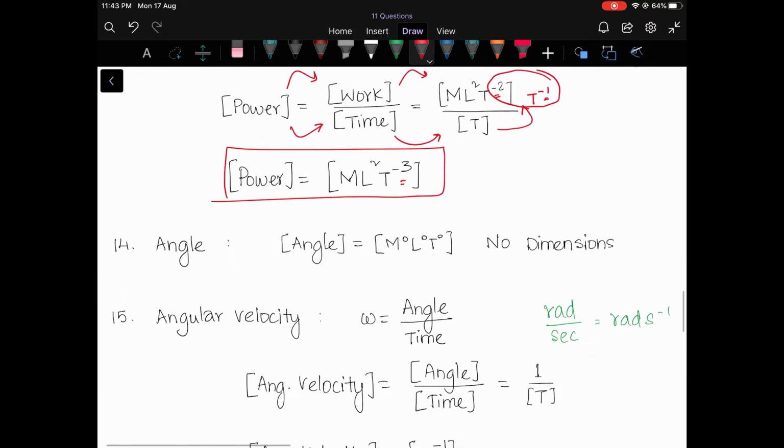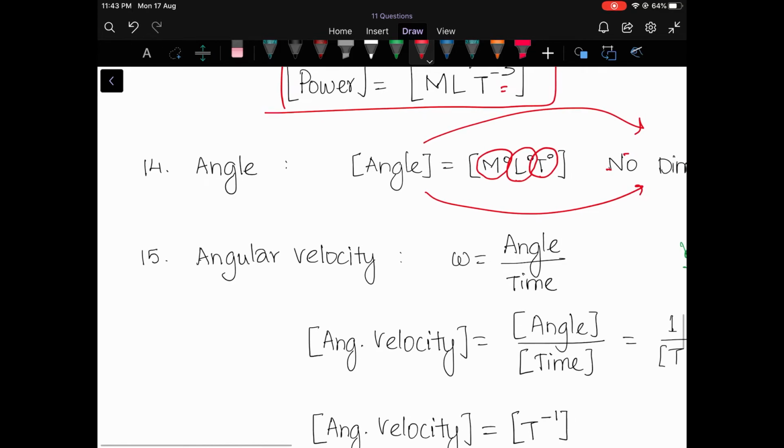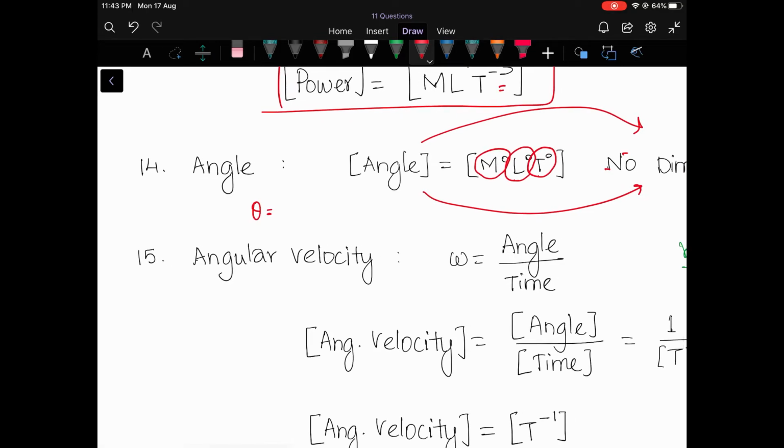There are quantities like your angle where we do not measure any mass, do not measure any length, do not measure any time. So angle has no dimensions. That's why the dimension of angle, or any angle that we measure, will be equal to M⁰L⁰T⁰. If you remember, we also have a formula for measuring angle, that is theta equals length of arc by radius.